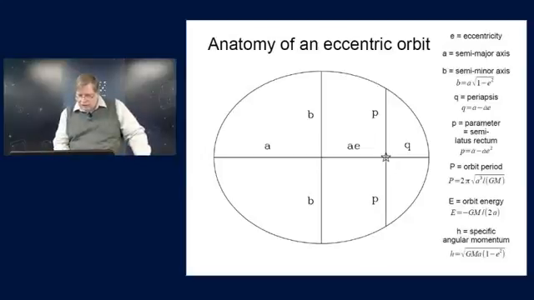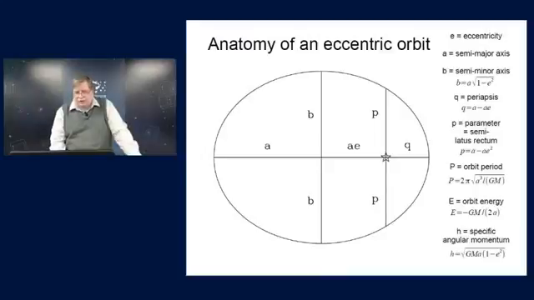Here's the star at the focus, and the eccentricity is a measure of how far the focus is from the center of the orbit, and it's measured in units of the semi-major axis, which is just half the longest diameter of the orbit.